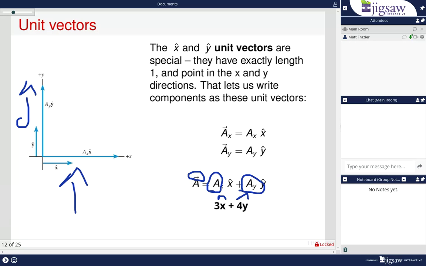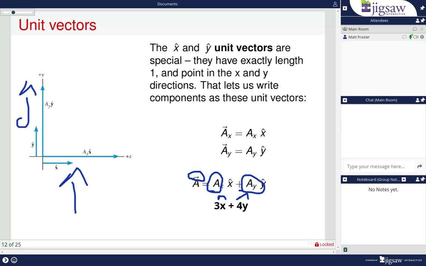I try to stick with the textbook and use i, j, k. So we'll try to do that as well. We'll solve problems. You'll see i and j, but you may also see x and y, and that's perfectly fine too. They're just saying i hat says 1 in the x direction and j hat says 1 in the y direction. And it's a historical thing why they picked i, j, and k.